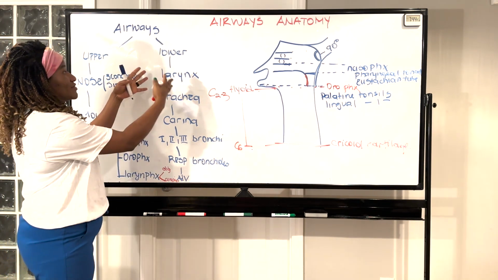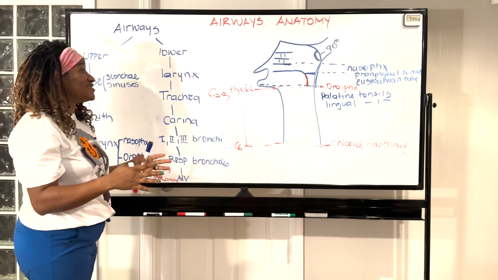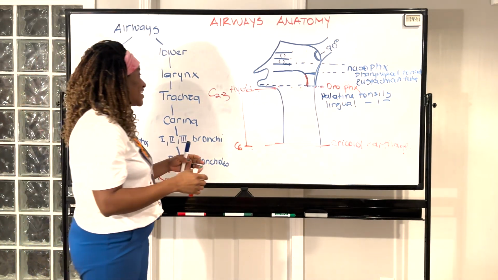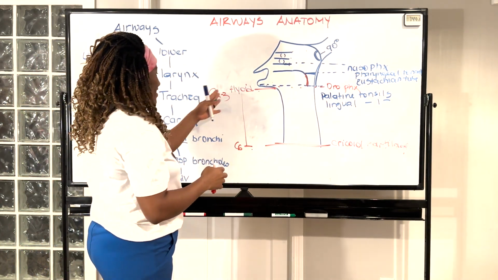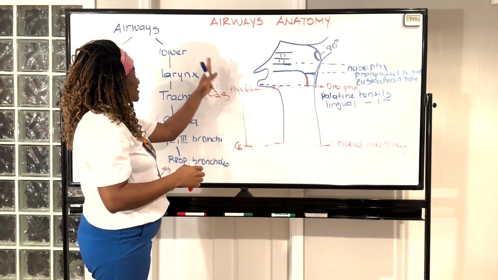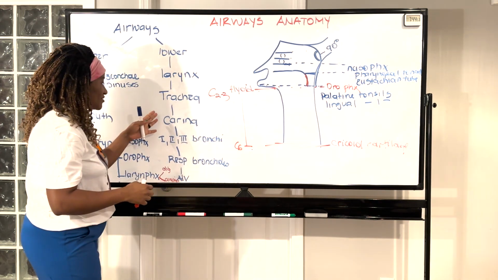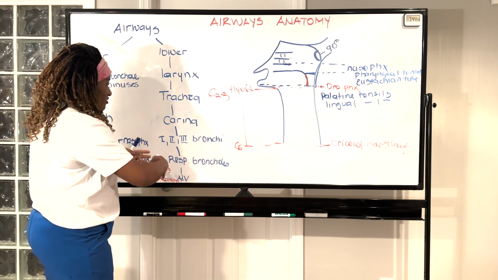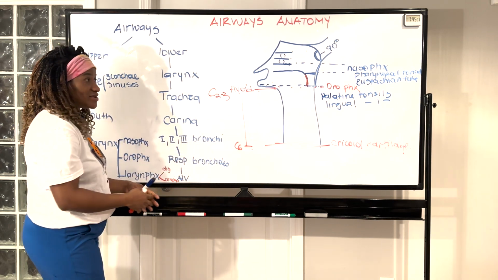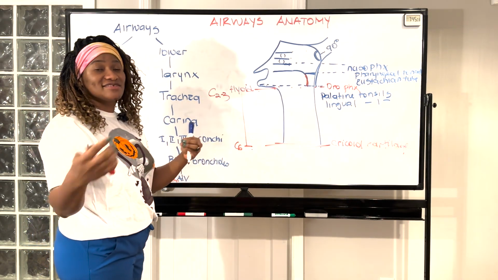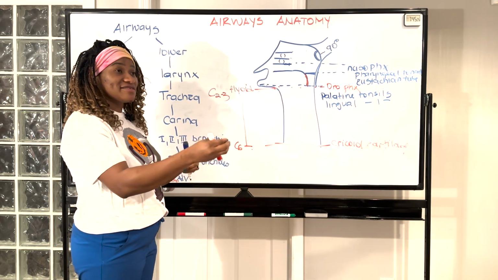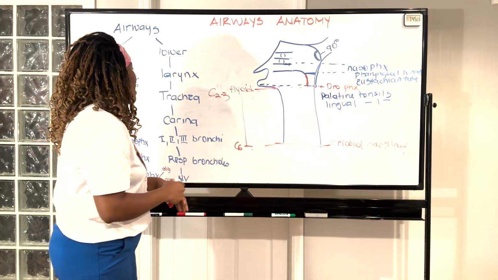Now let's go into the lower airway. The lower airway is really interesting. We're going to learn a lot. So the lower airway, like I showed here, is going to be your larynx, your trachea, your carina, your bronchi, your respiratory bronchioles, your alveoli, until the membrane that is responsible for the capillary exchange of gases.